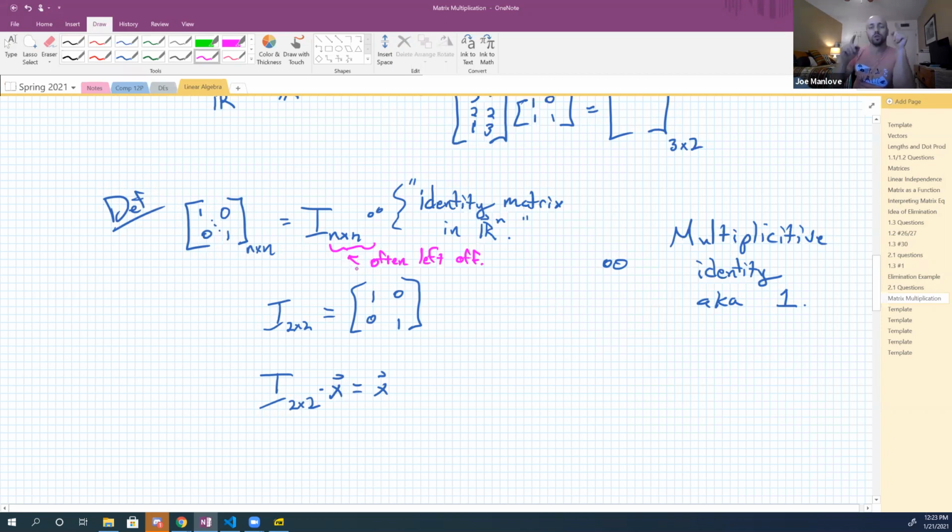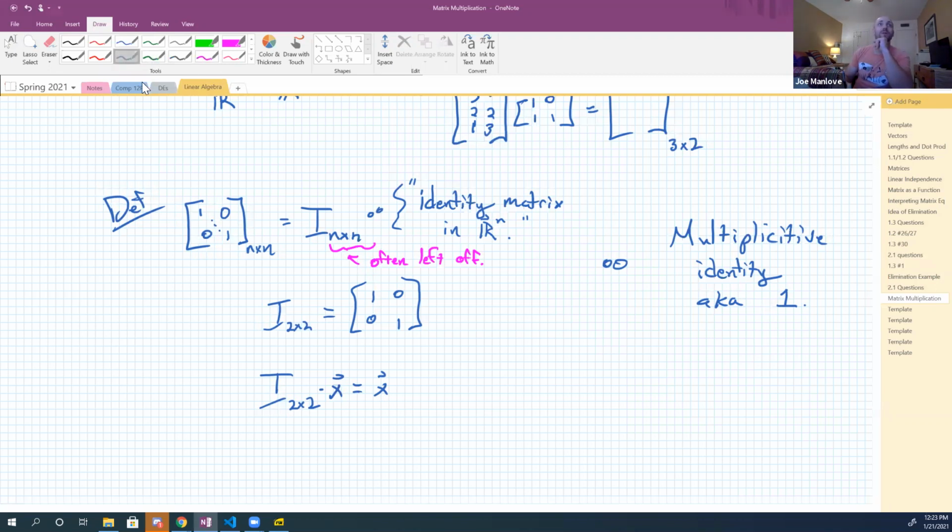Okay. Do also add to your brain that this thing has to be a square. If it's not a square, it's not the identity matrix. Even if it looks like one, it's not.